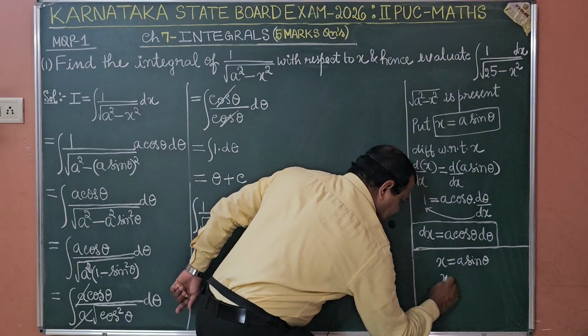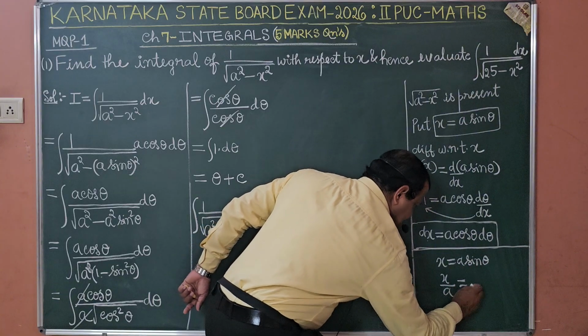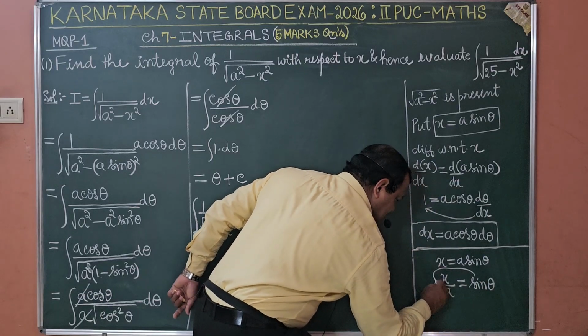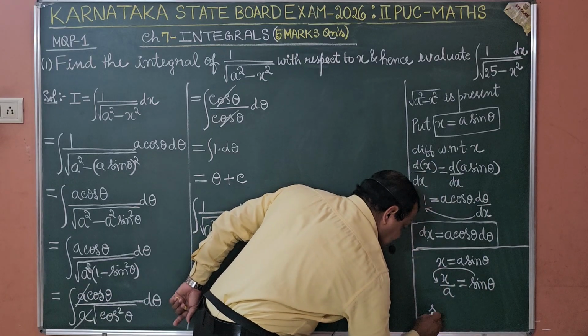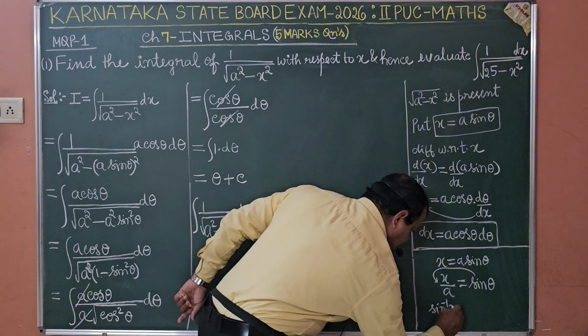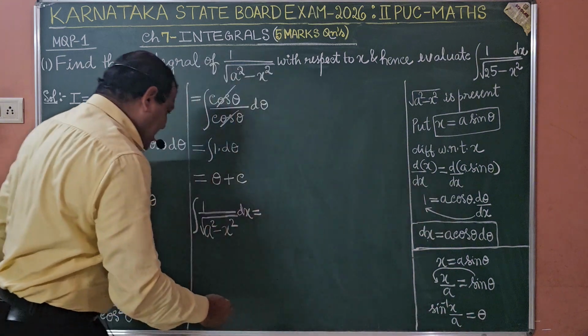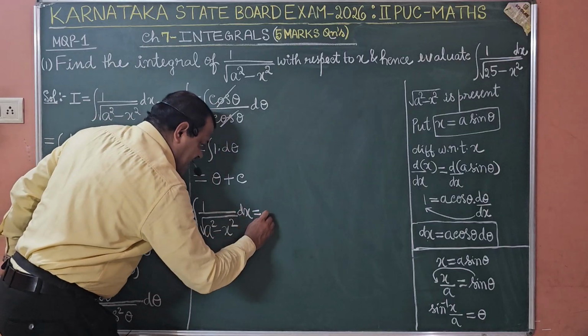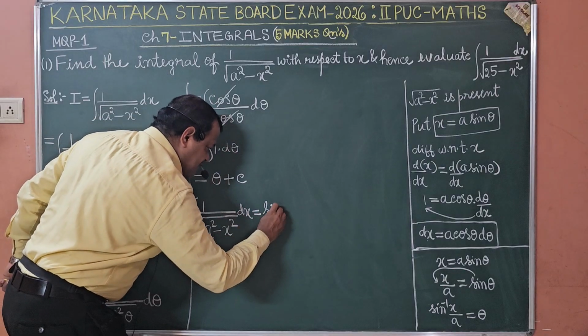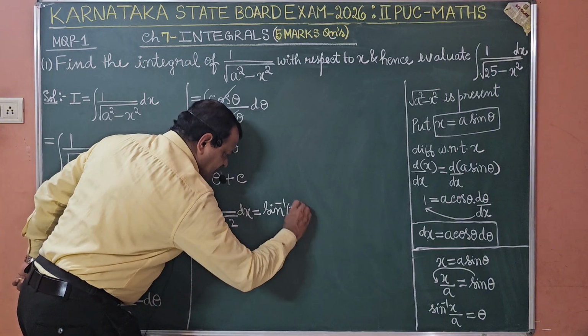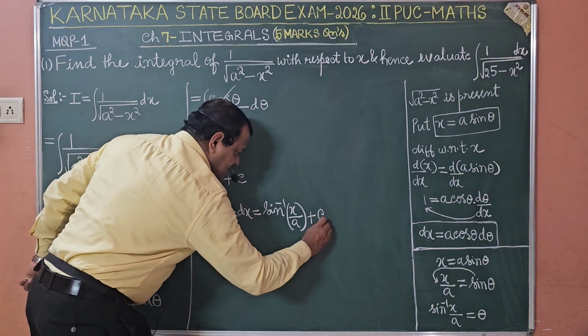Therefore x by a is sine theta, whereas we need theta. Transpose sine here, so sine inverse of x by a is our theta. Therefore, I write this theta as sine inverse of x by a plus constant of integration.